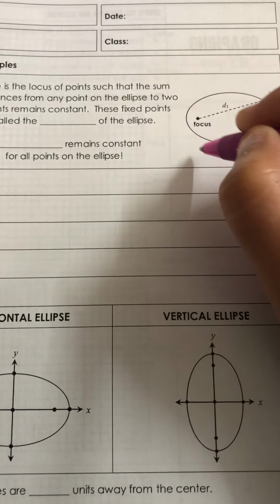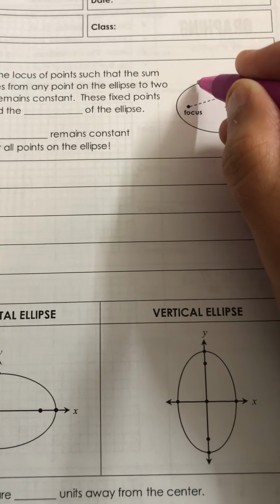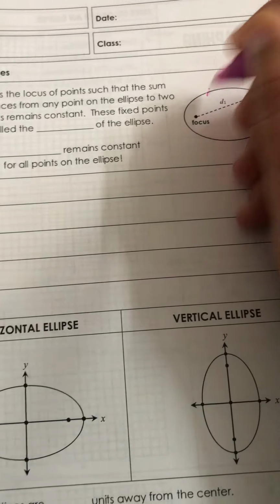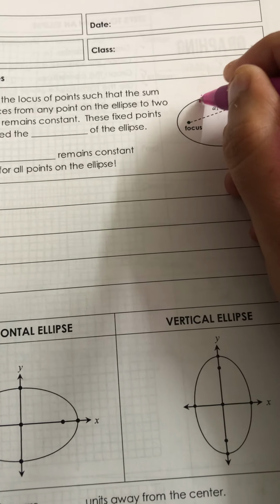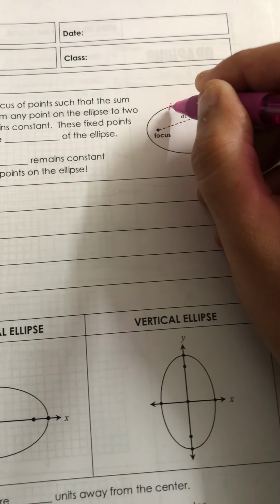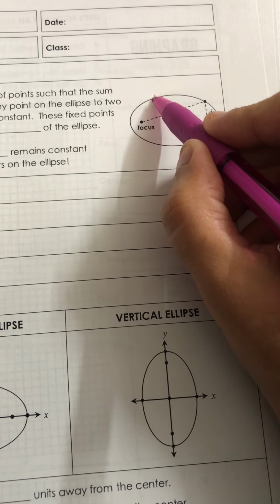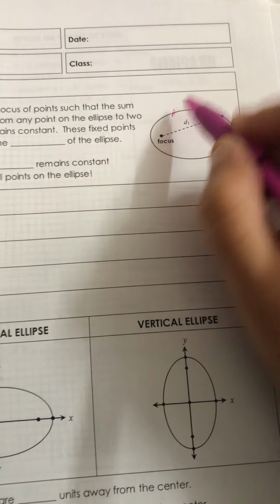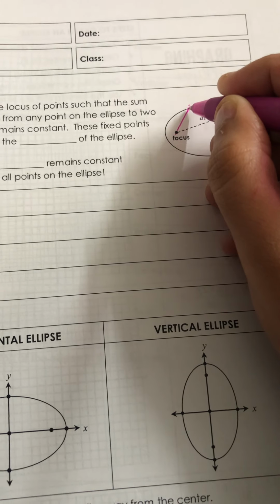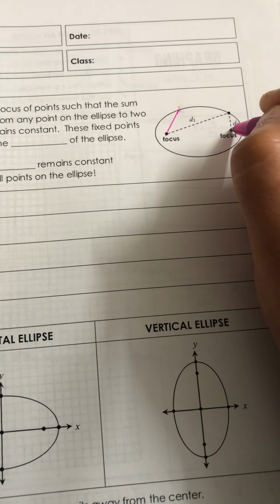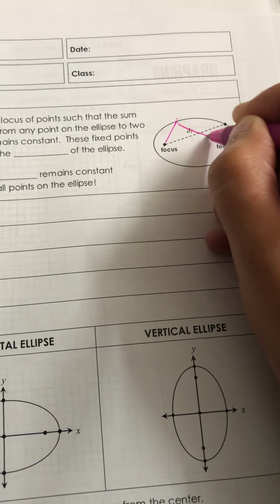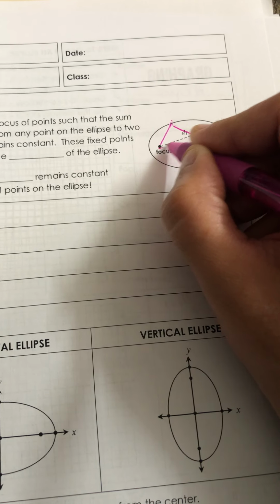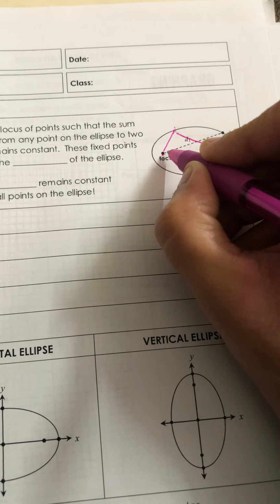Take any point on the ellipse, like this point. The distance from that point to the fixed points, and those two fixed points are the foci, the sum of this distance plus this distance will be constant.